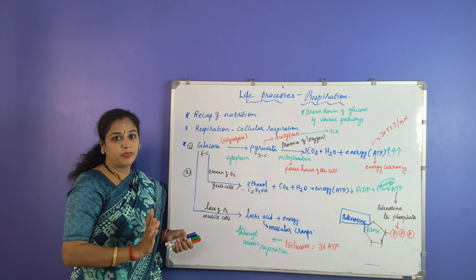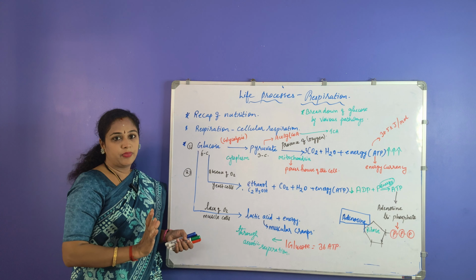Not only glucose, all the other simple substances, as I mentioned, amino acids and fatty acids, are also broken down. But first we are considering only glucose. Glucose is converted to a product called pyruvate, and this conversion takes place in the cytoplasm of the cell, the jelly-like substance.